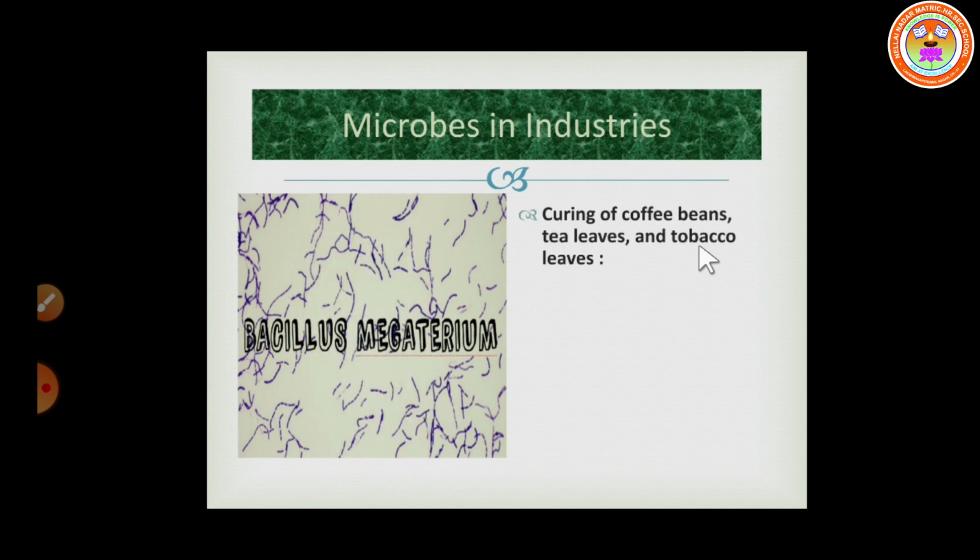Next, microorganisms are used for curing of coffee beans, tea leaves and tobacco leaves. You all know that coffee beans, tea leaves and tobacco leaves maintain some flavors, isn't it? Some flavors meant for coffee, tea and tobacco.